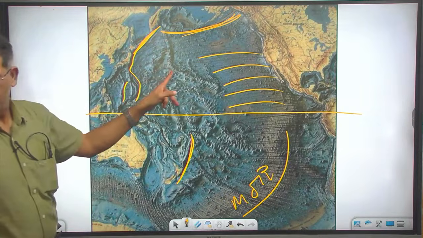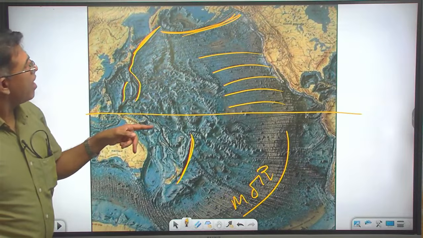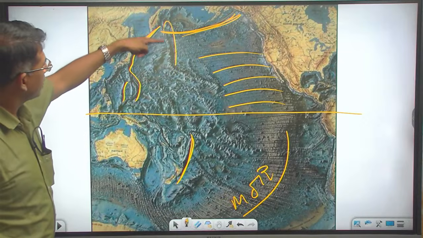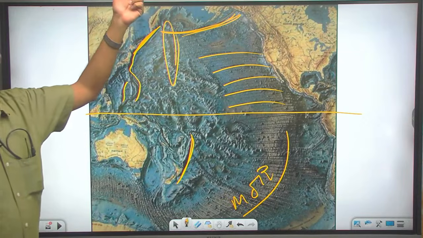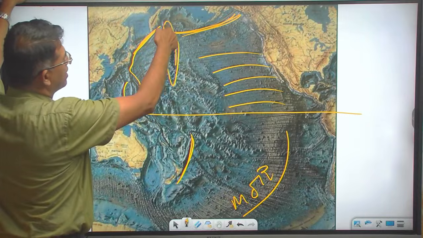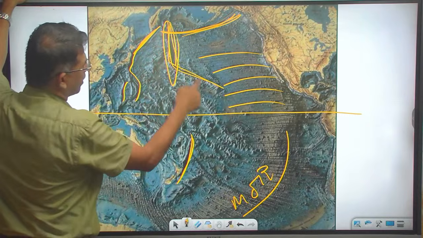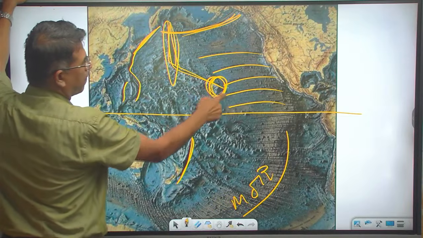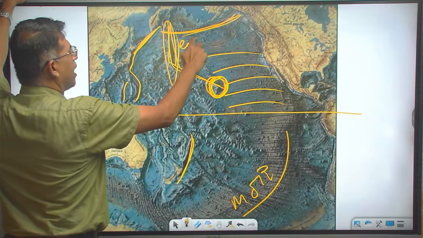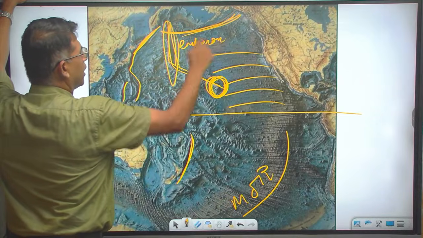I said this is an island arc, right? Sorry, I told you there's a mountain chain. Island chain, the Emperor Seamount chain. This is an island group, these islands go like this. This is the Hawaiian Islands here. So these islands are called the Emperor Seamount chain.